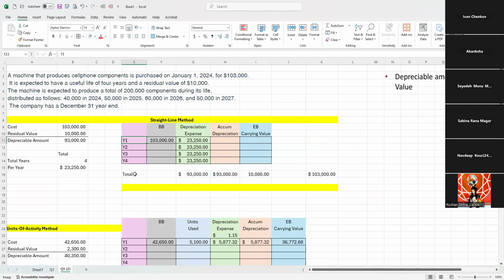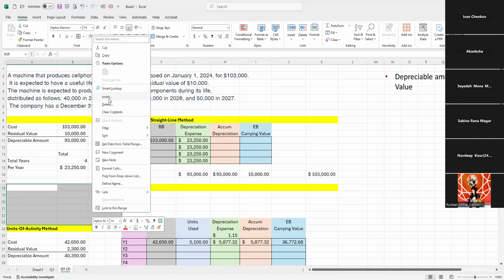So let's put the actual years, because we have 2024, 2025, 26, 27, correct? Those are our years. Let's delete those and make them even.